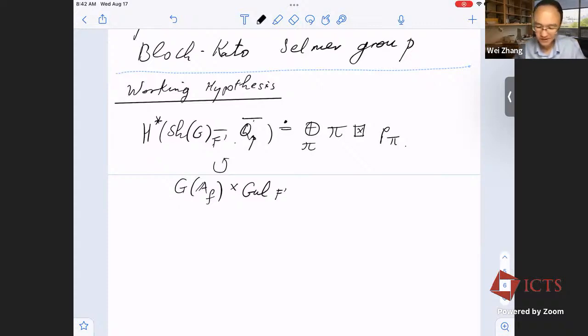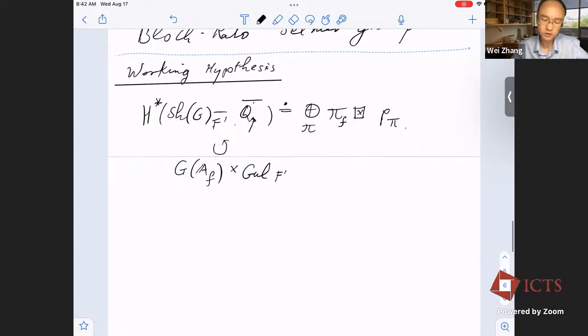Here I'm identifying Q_p bar with the complex numbers in order to view the automorphic representation as a representation over Q_p bar. Here pi is a cohomological automorphic representation, showing up in the cohomology.